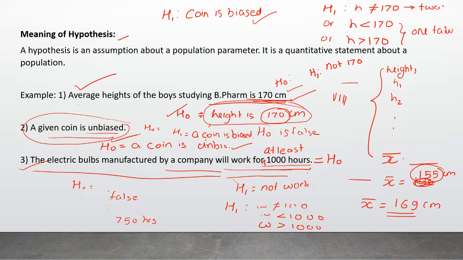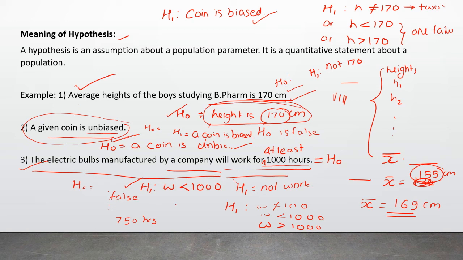So what will my H1 be? They will not work for at least 1000 hours, that is, they will work for less than 1000 hours. This will be the only H1 possible.